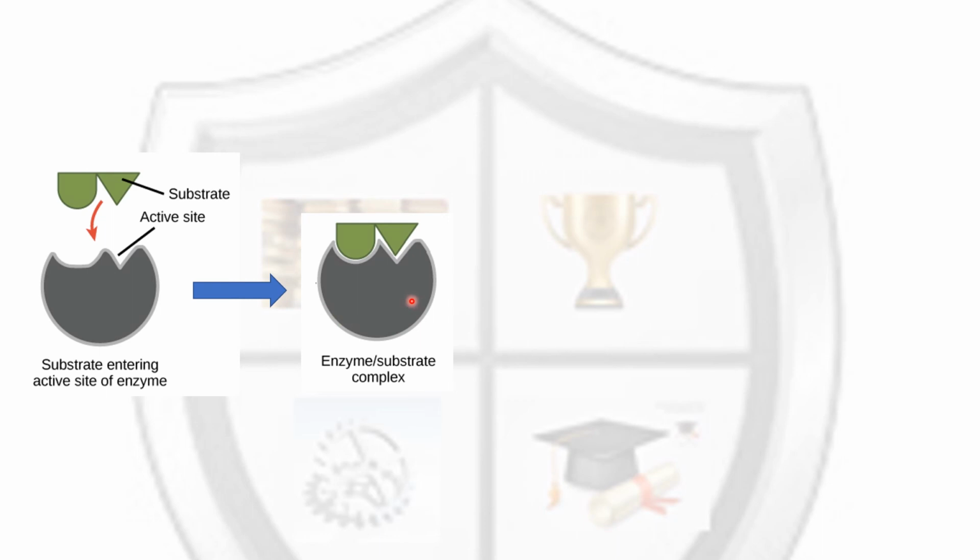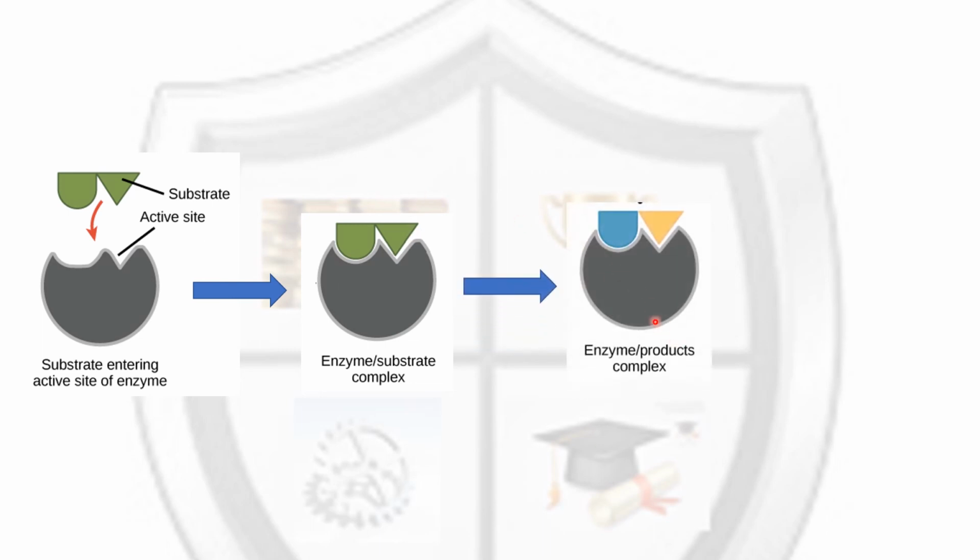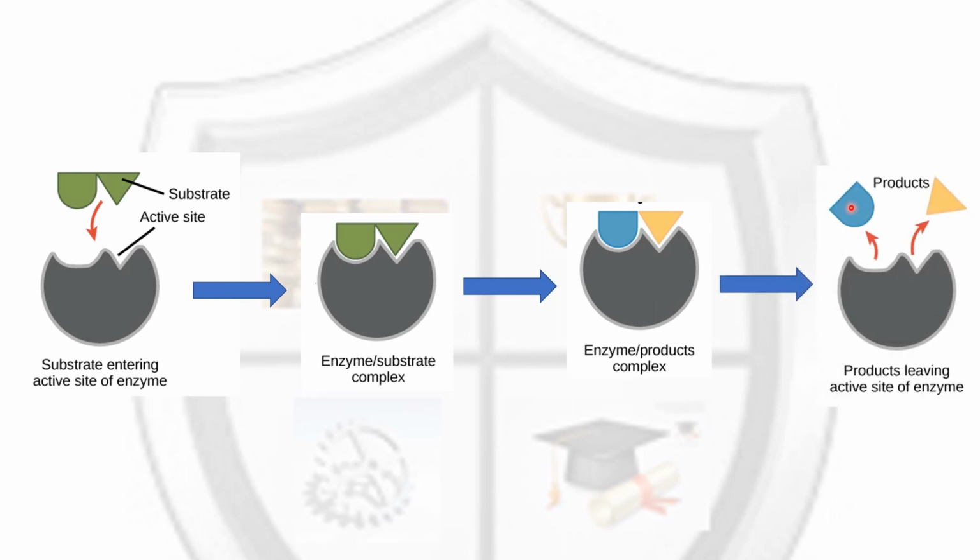While it's still in the enzyme substrate complex, the enzyme breaks the substrate down. So we now have our enzyme, and when our substrate has been broken down, we now have our products. We now form what is known as an enzyme product complex. Then the products can now leave the active site of the enzyme.